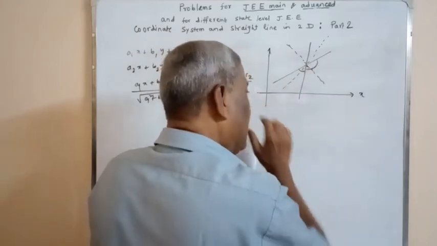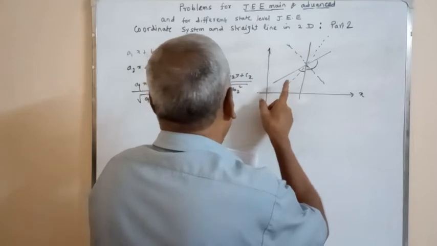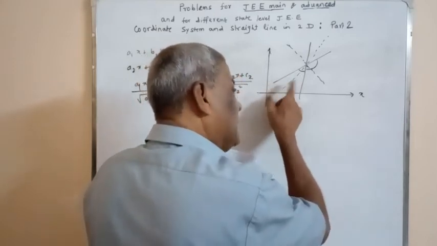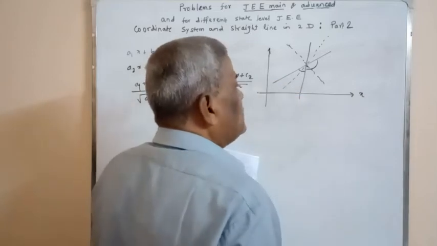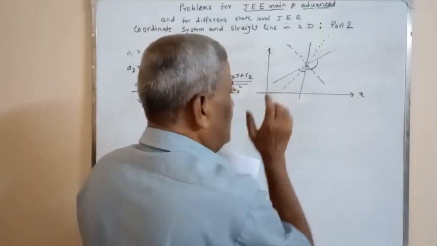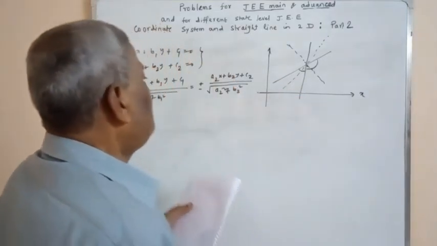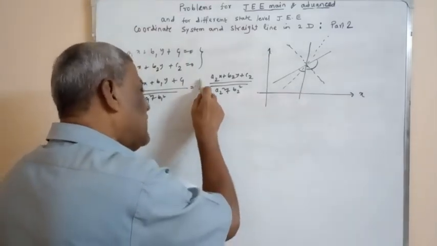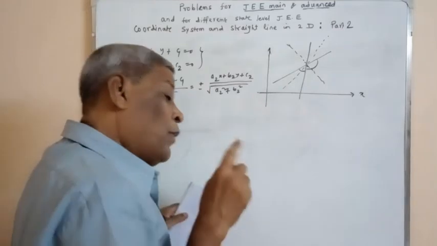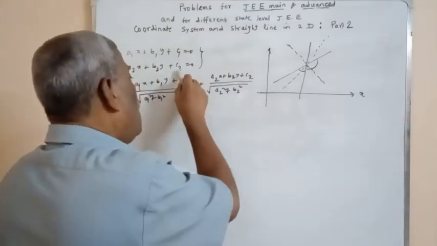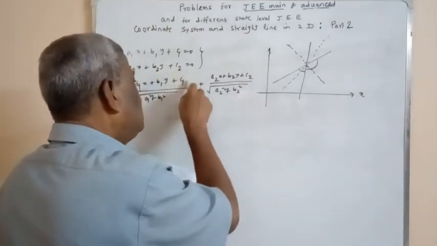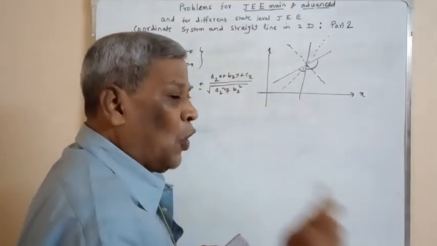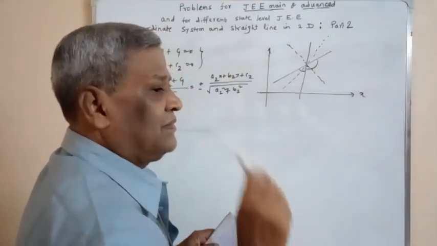So we have to find specifically the bisector of the angle which contains the origin. For that purpose, we have to use either the plus sign or the minus sign, for which the constant terms C1 and C2 will be of the same sign.